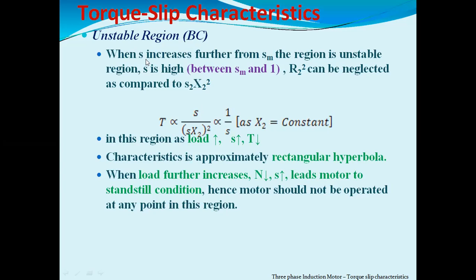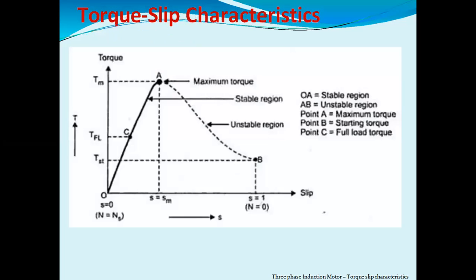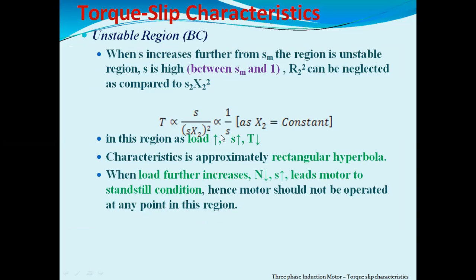When the value of S increases further over Sm: if S equals Sm, you get the maximum torque, but if S becomes higher than Sm, we call that region an unstable region. Here the value of S is high, between Sm and 1, greater than Sm, lower than 1.